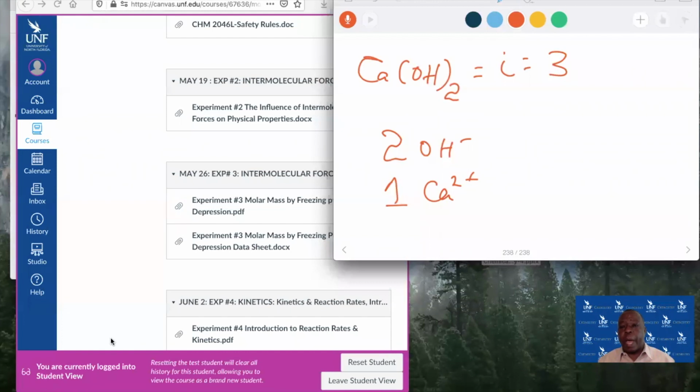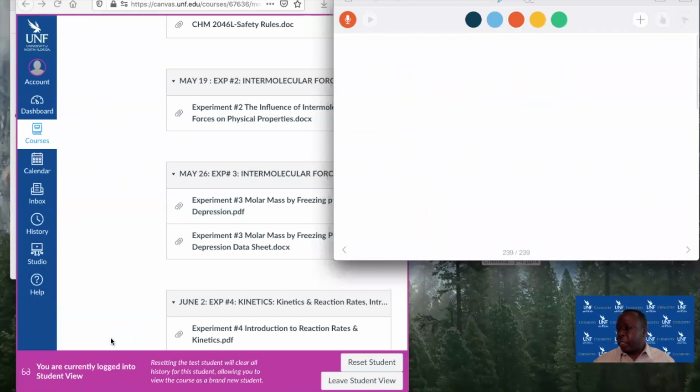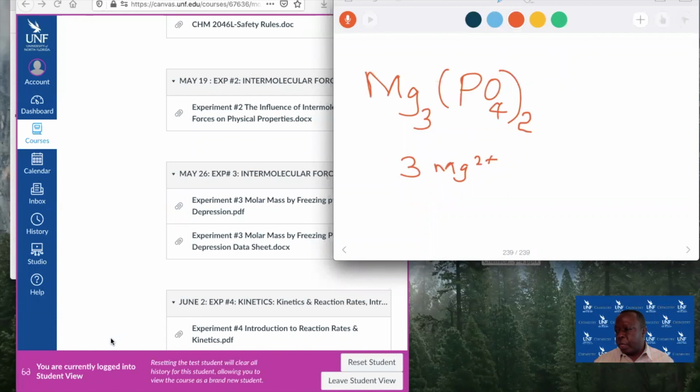Just to give you how you look at or determine i, you can have a compound such as magnesium phosphate, Mg3(PO4)2. This means we have three magnesium ions, 2 positive, and 2 phosphate ions, PO4, 3 negative, and the total i for this is 5.